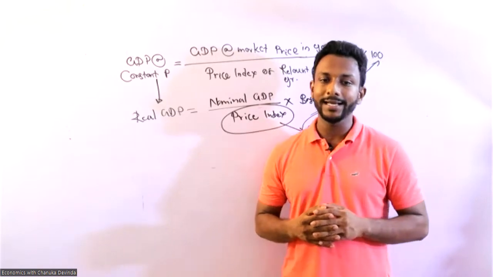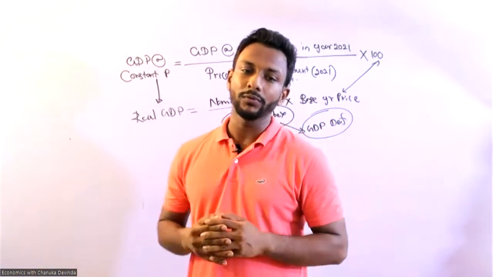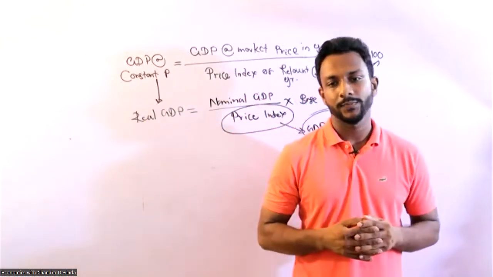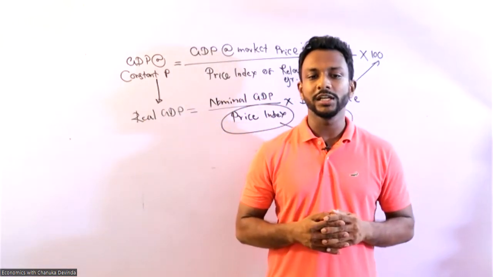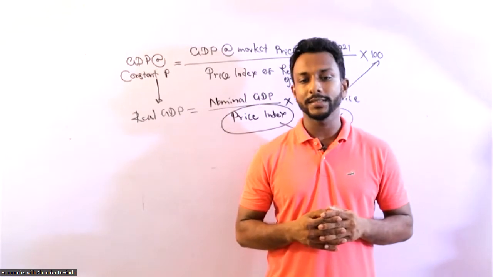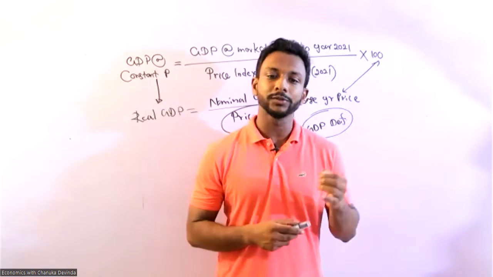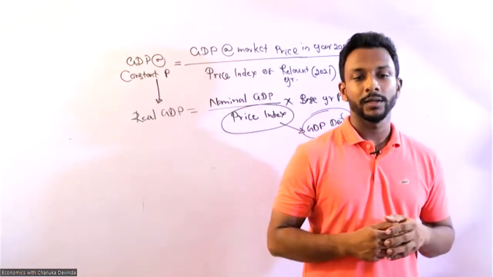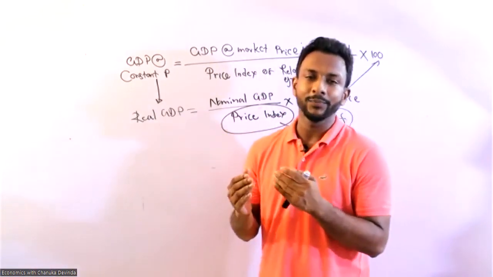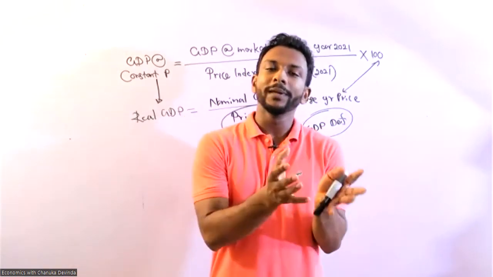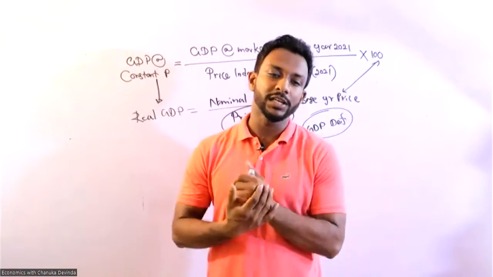It is calculated as a ratio between the value of GDP calculated at current prices and the value of GDP calculated at fixed prices. It is expressed as an index since it should be multiplied by 100. So this is actually a ratio between the nominal GDP and real GDP.